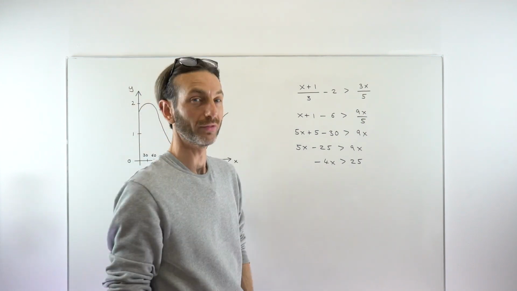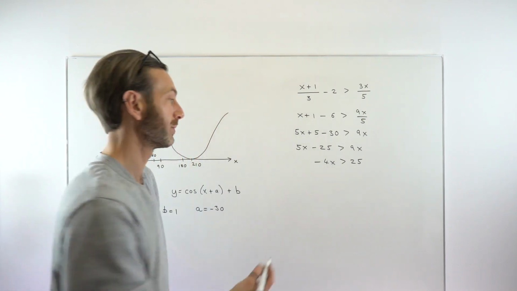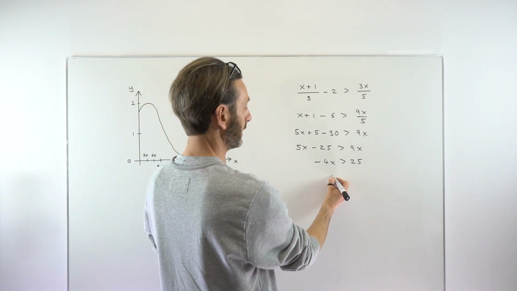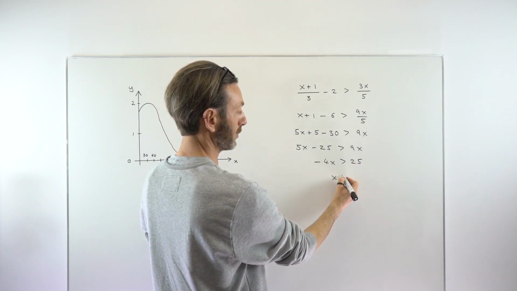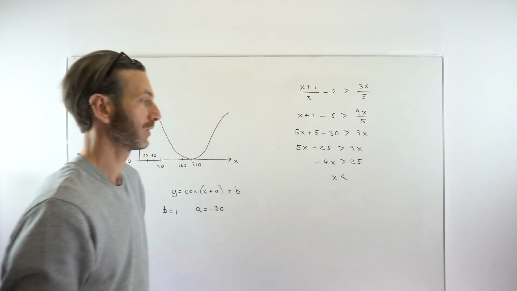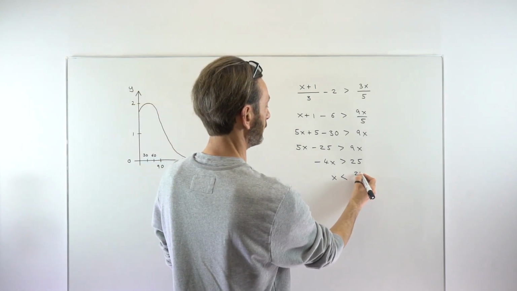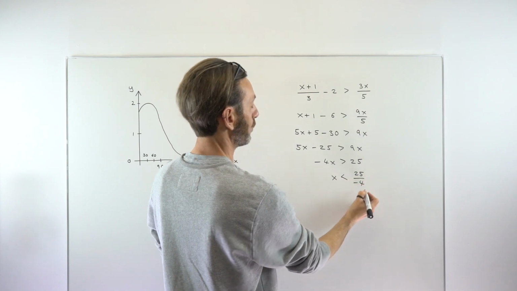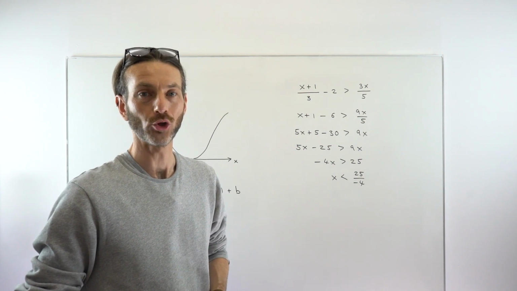So we're just going to have to leave that as a fraction. Or you could use a decimal number, but probably a fraction is best in this case. Because we're dividing by a negative, we need to flip the symbol. If it was an equation, you wouldn't have to do that, but with an inequation you do. So it's going to be x less than 25 divided by negative 4. That fraction won't simplify, so that's the final answer for question 14.